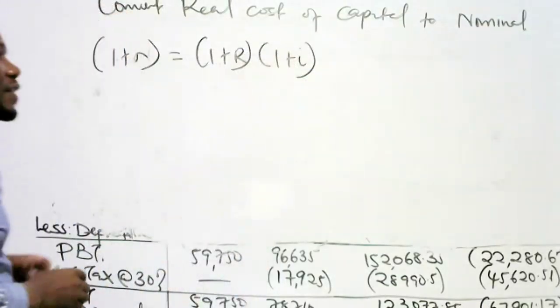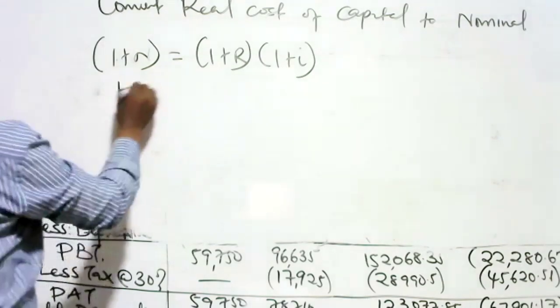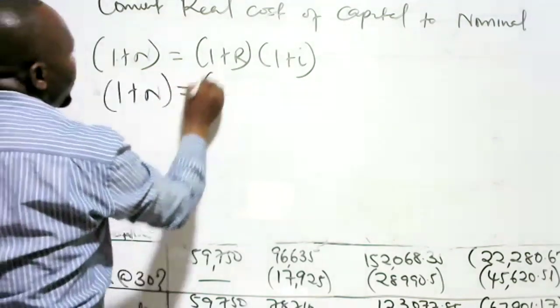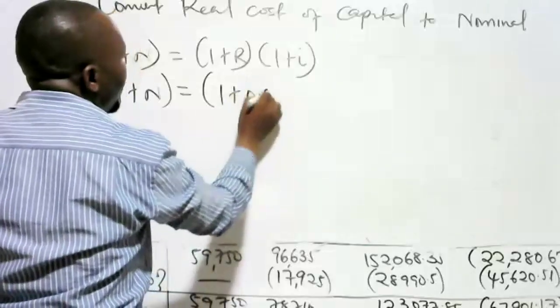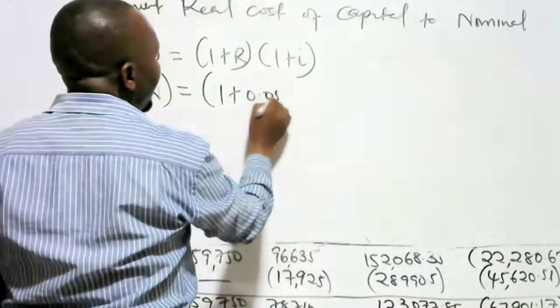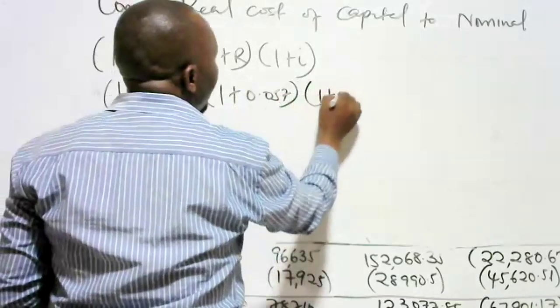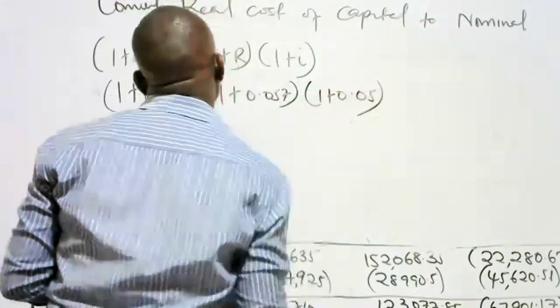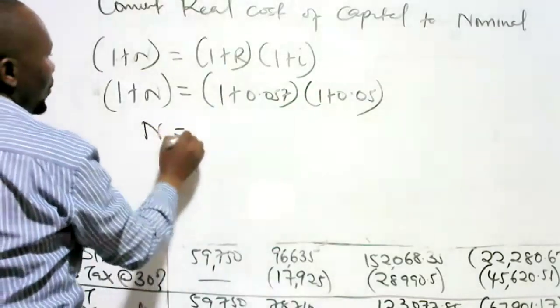I is given, that is the general inflation, and r is given as 5.7. General inflation is given as 5%. So we are going to have 1 plus n is equal to 1 plus r, which is 0.057, into 1 plus 0.05.